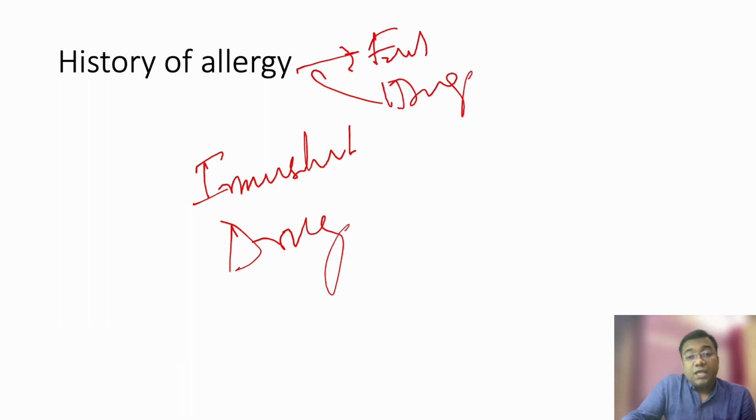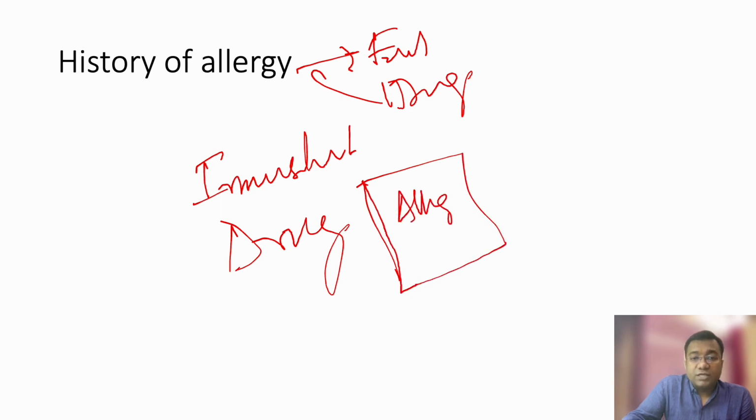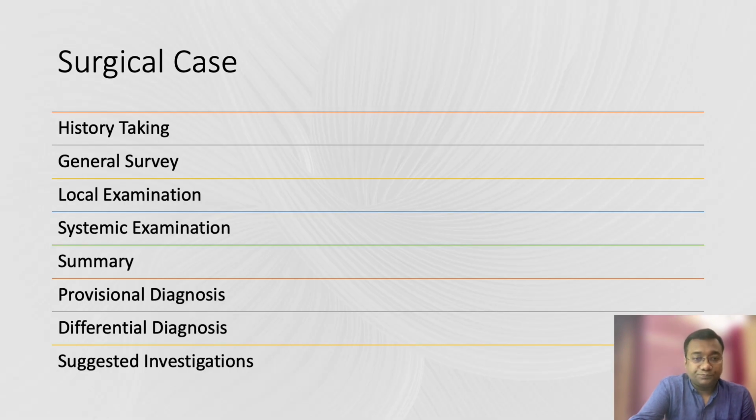If you find the patient is allergic to any drug, you are going to convey this message, and in your BHT it will be written that the patient is allergic to this specific drug. That is why history of allergy is very important: allergy to food, to any drug, or to any particular particle. This basically completes your history taking.